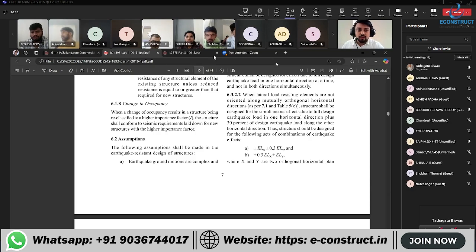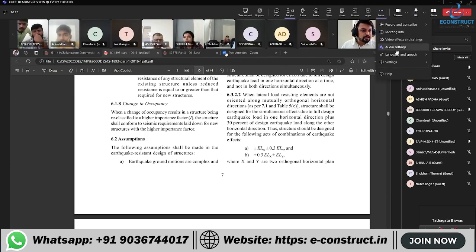Shubham or Anirudh, can you help him open the annotate? Beside stop sharing there must be some option that opens the annotate. It's not showing.